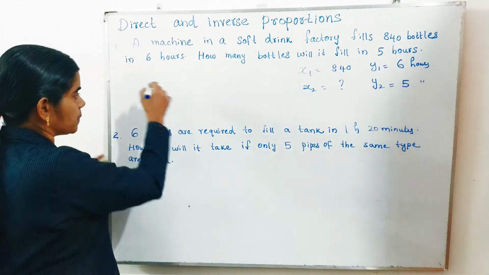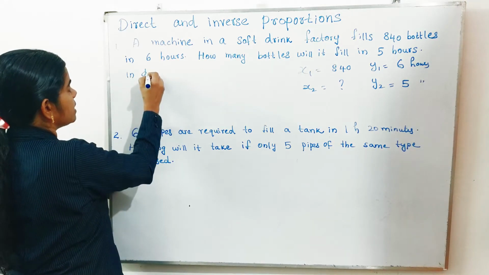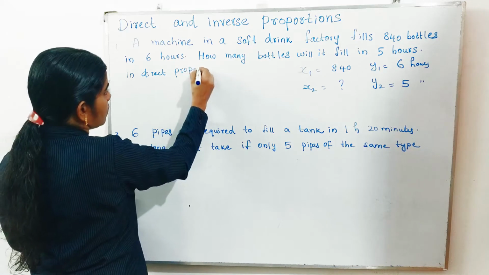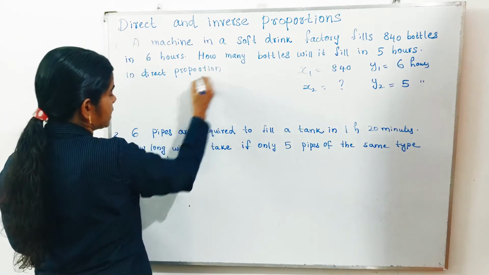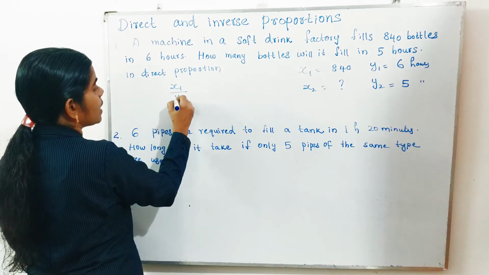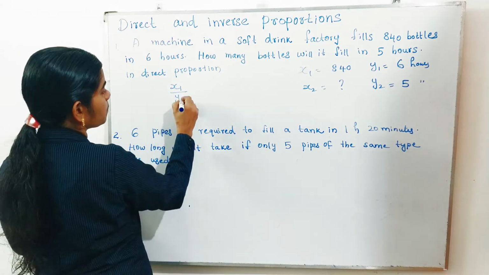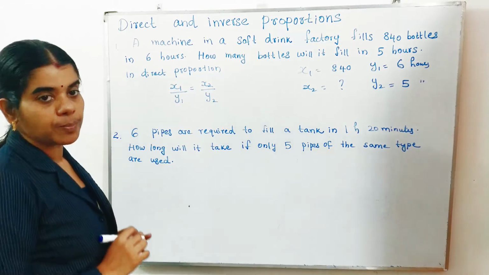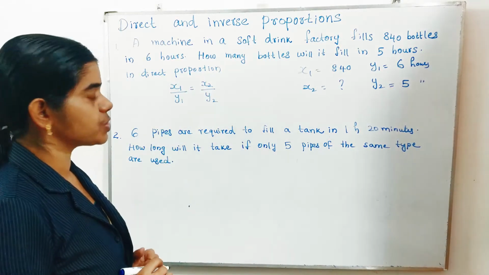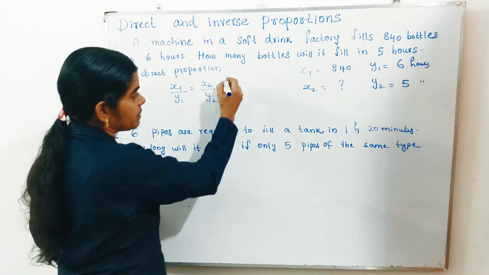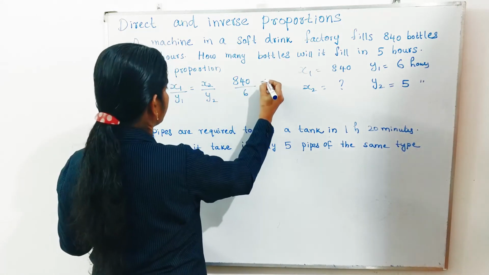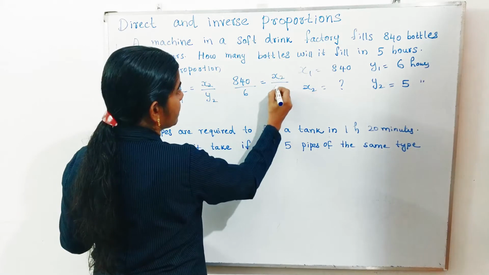In direct proportion, what is the formula? x1 by y1 is equal to x2 by y2. This formula you should learn by heart. Substitute the values: 840 divided by 6 is equal to x2 by 5.